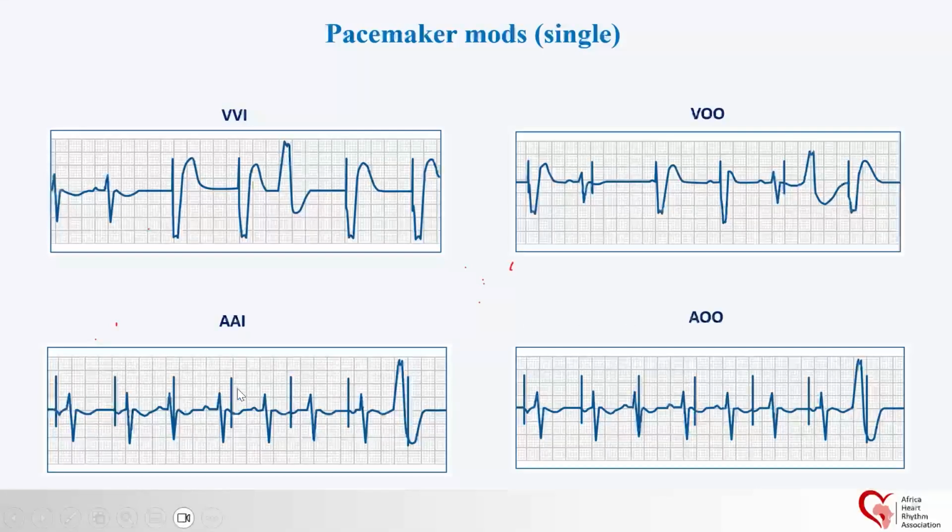We have the same thing for the atrium. We have AAI, that means the pacemaker paces in the atrium, detects the activity in the atrium, and will inhibit the pacing if an atrial event is detected. So here we have a pace in the atrium, but here when it detects the atrium, the pacemaker inhibits the pacing.